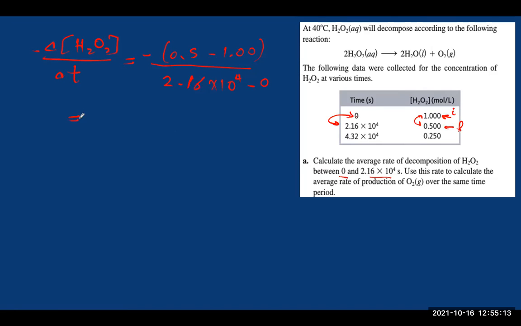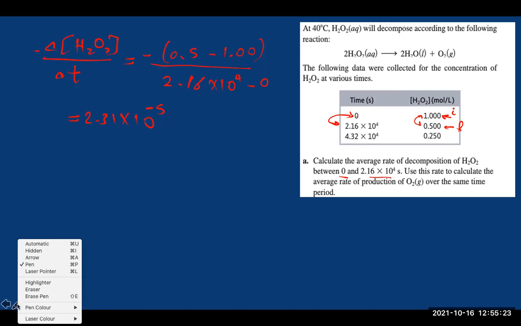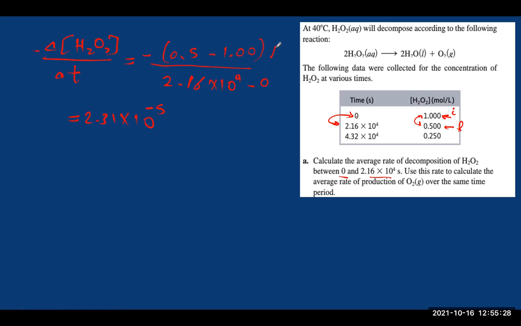By calculating this value, we'll have the change in the concentration of H2O2 equal to 2.31 times 10 to the negative 5. Again, I will add the units. For this one, it's molar, and for this one, it's seconds, so it will be molar per second.